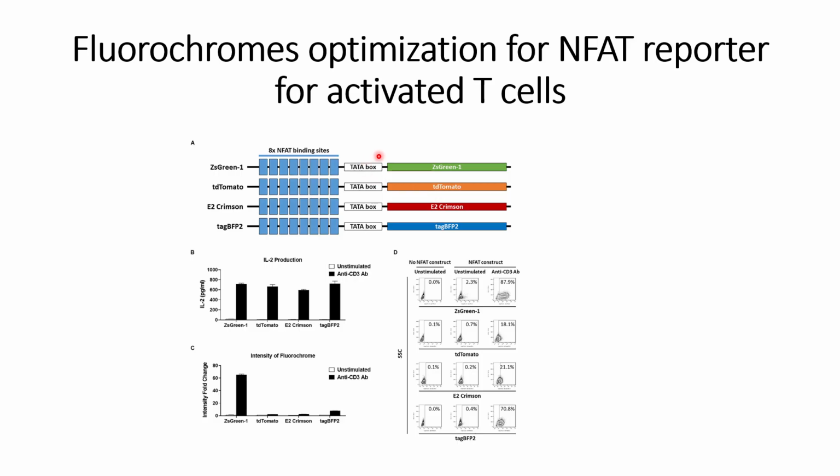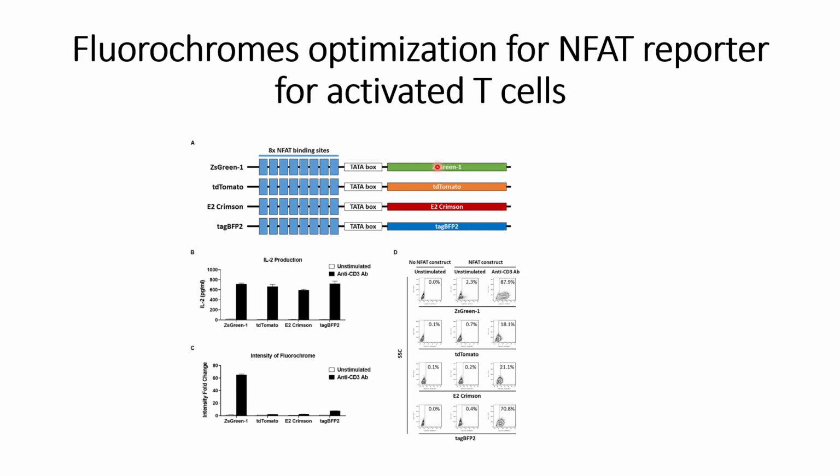And the results shown in this figure compare the different reporter proteins, checking which can give us the maximum signals and help us distinguish between activated T cells and non-activated T cells.